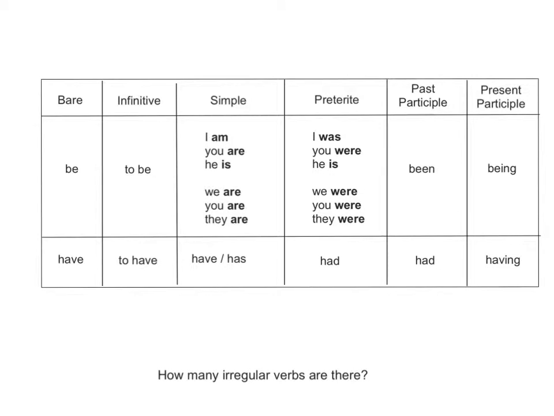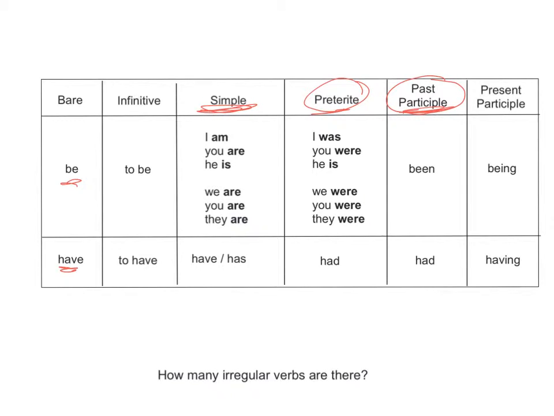So in the previous lesson, we discussed how there are two verbs, the verbs be and have, which are, in a sense, super irregular verbs. Most irregular verbs only break the rule for the preterite and past participle forms, but be breaks the rule for the simple and simple third person form, the preterite form, and the past participle form.